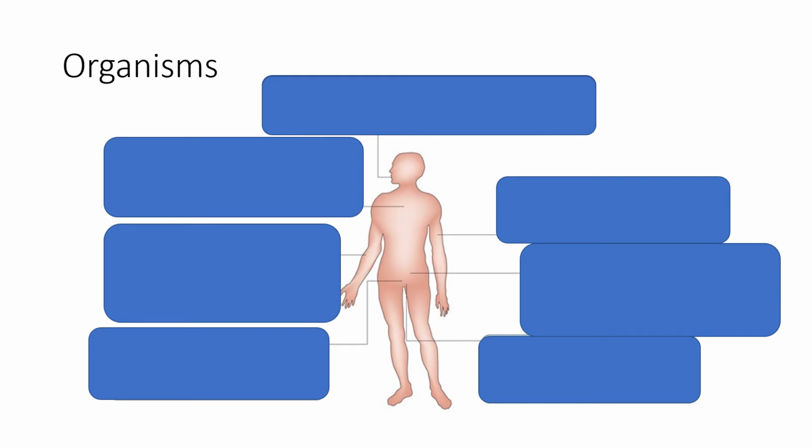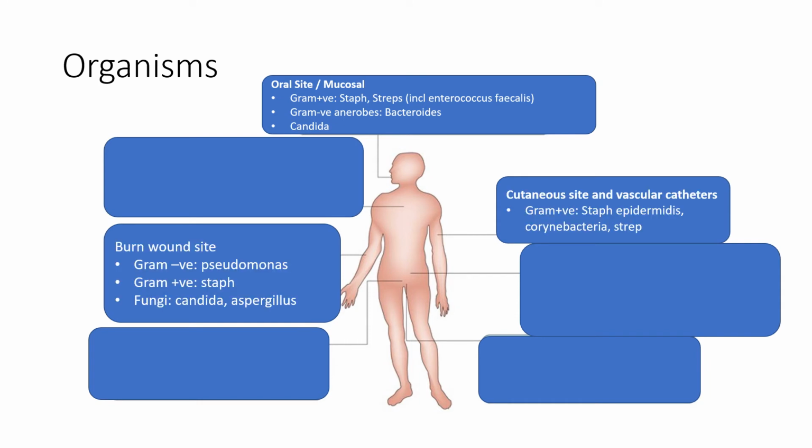Let's go through the organisms that are involved, usually the commensal bacteria that are already on our body. From the oral or mucosal side, we have gram-positives such as staph and strep, and some gram-negative anaerobes such as Bacteroides, and Candida.